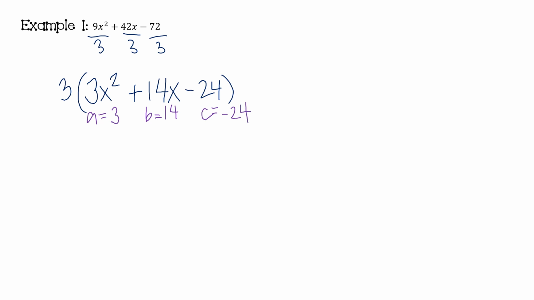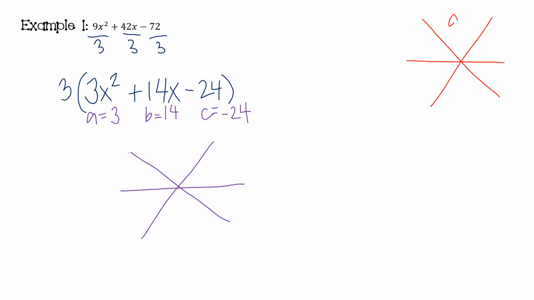A, B, and C are just the coefficients or the constant at the end. So from our star, the top of the star is always A times C. I'll write that over here to the side. The top is A times C, the bottom is B, and then underneath here is AX and AX.